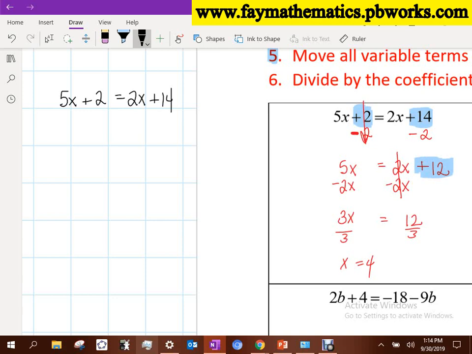You guys said we wanted to move the 2 over, right? What if I did this? So now I have 5x. What's 2 minus 14? Negative 12 is equal to now 2x, right? Okay, so that idea, then I want that, because that's my constant, I want that to be by itself.